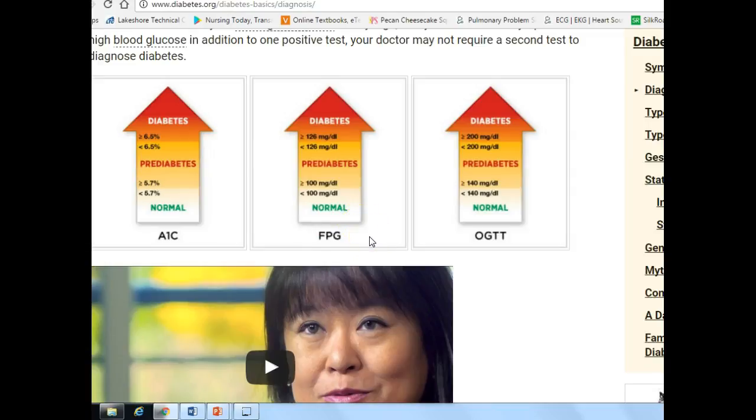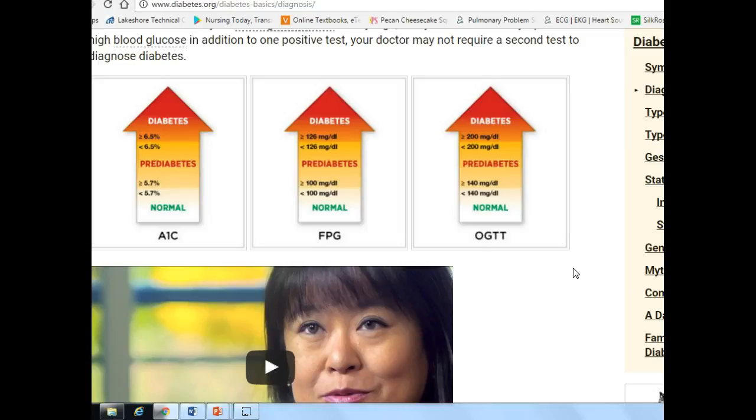If we're looking at fasting glucose, a normal glucose is less than 100. Pre-diabetic would be greater than or equal to 100 and less than 126. And diabetes would be diagnosed based on greater than or equal to 126 milligrams per deciliter blood glucose.